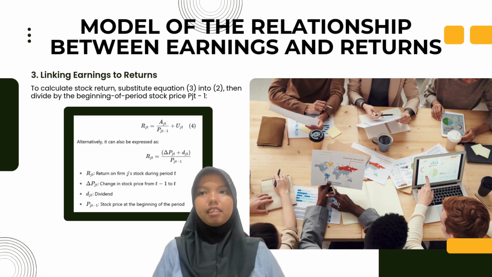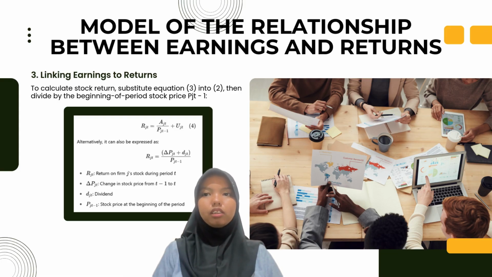Next is linking earning to returns. To calculate stock return, substitute equation 3 into 2, then divide by the beginning of period stock price. Return of firm j's stock during period t equals accounting earning of firm j over the period from t minus 1 to t divided by stock price at the beginning of the period plus error component or other unexplained factor.